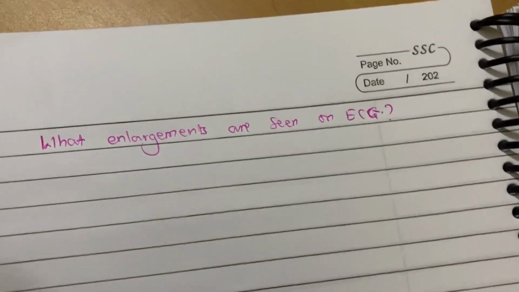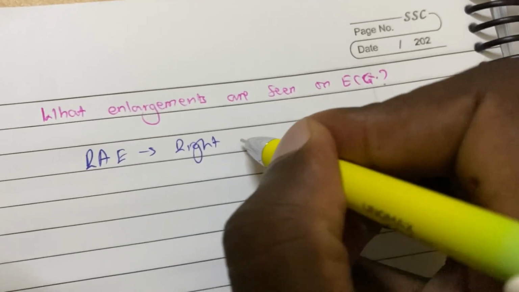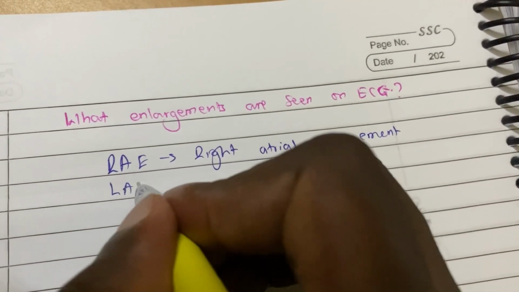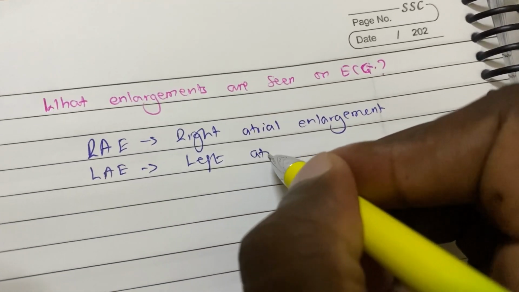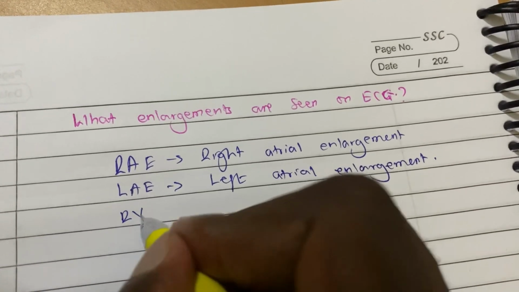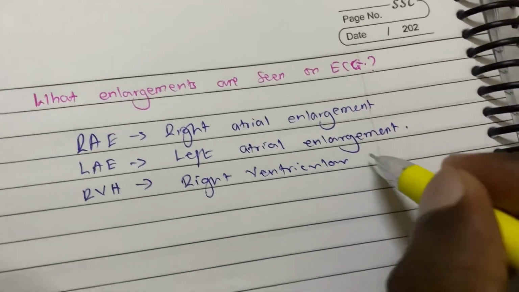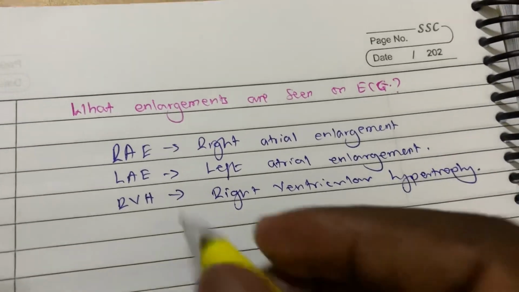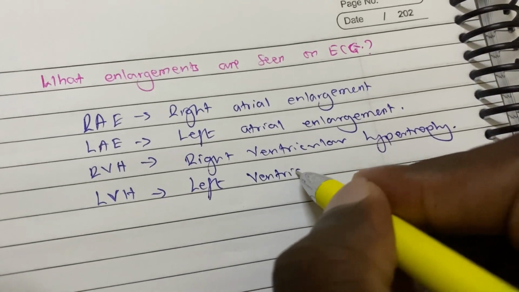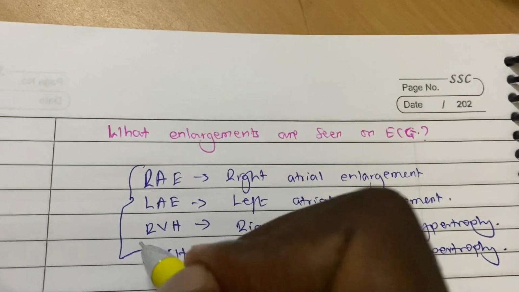For example, right atrial enlargement, left atrial enlargement, right ventricular hypertrophy, and then left ventricular hypertrophy. These ones we can see on the ECG.